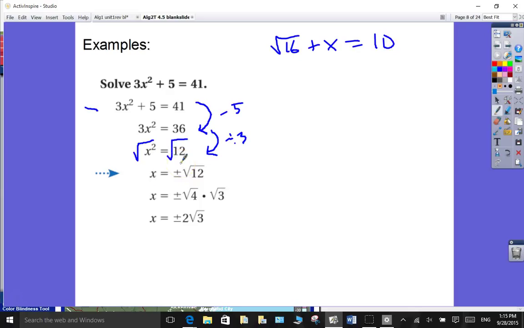And then, 12 is not a perfect square, but does it have a factor which is a perfect square? Yes. So break it into the square root of 4 times the square root of 3. Now it's plus or minus 2 root 3. So it's basically isolate x squared, then take the square root.